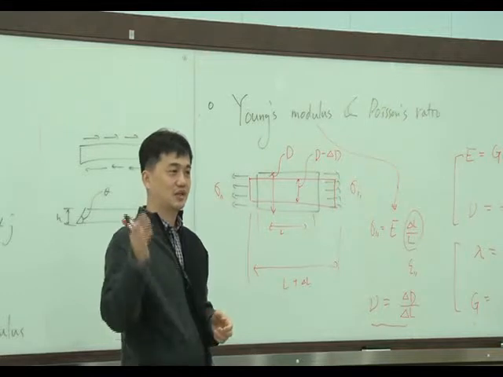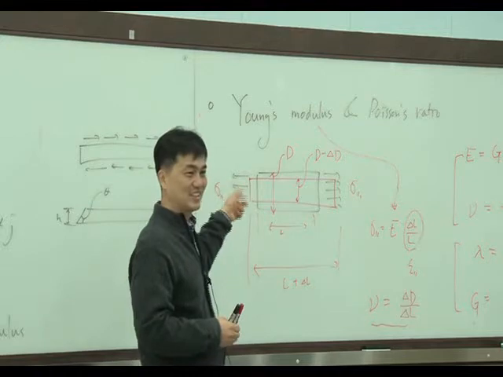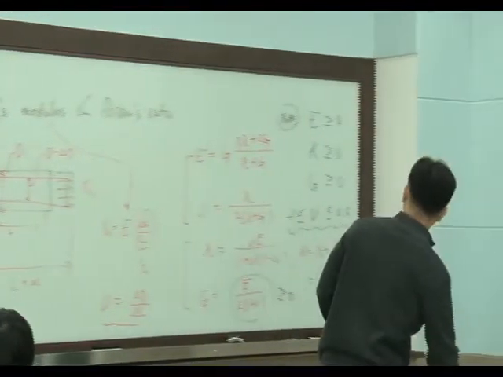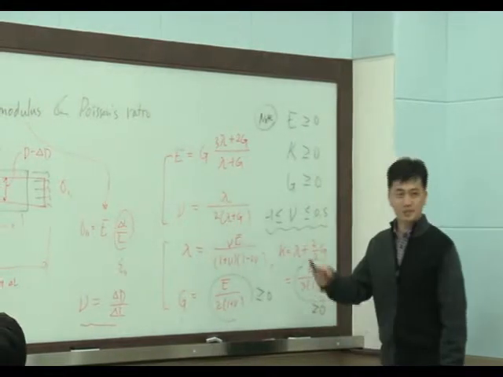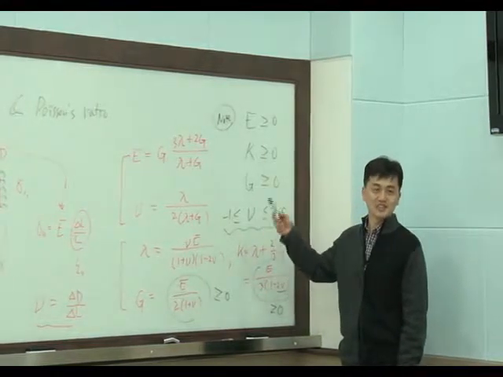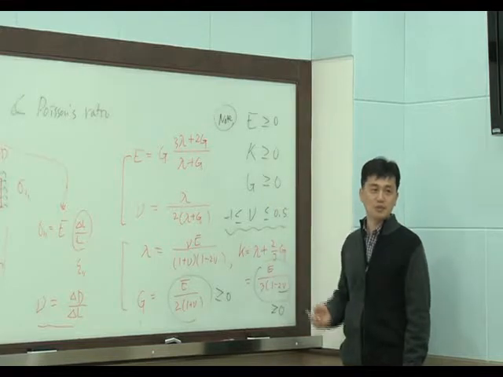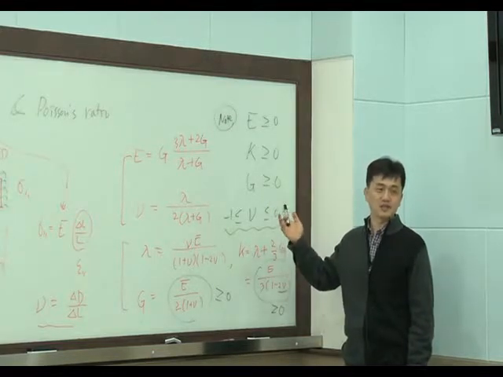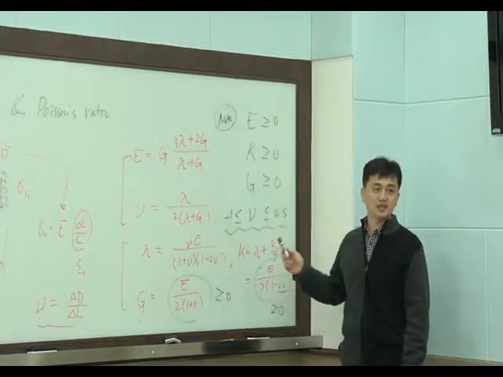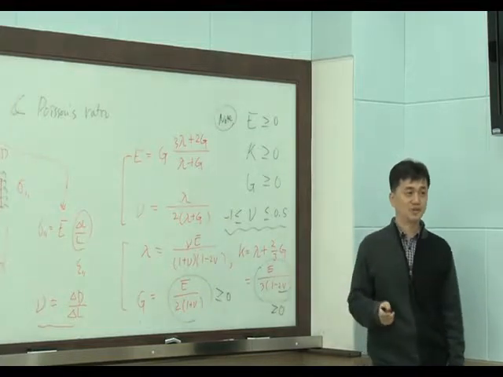Some people like Professor O are interested in this kind of funny material. But usual general engineering materials don't have negative values, okay? Steel has 0.3, concrete maybe 0.2 something, so most materials have a positive ratio. But we need to remember negative Poisson ratio is possible, okay?